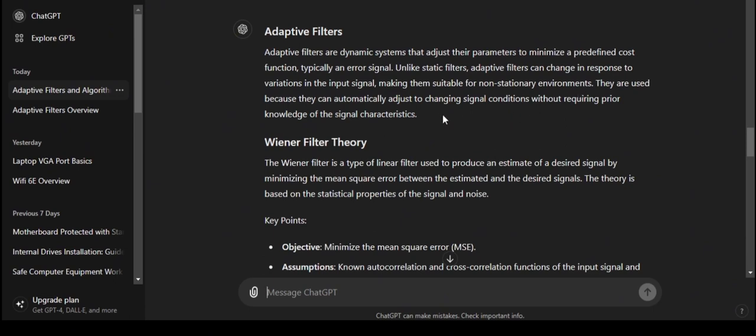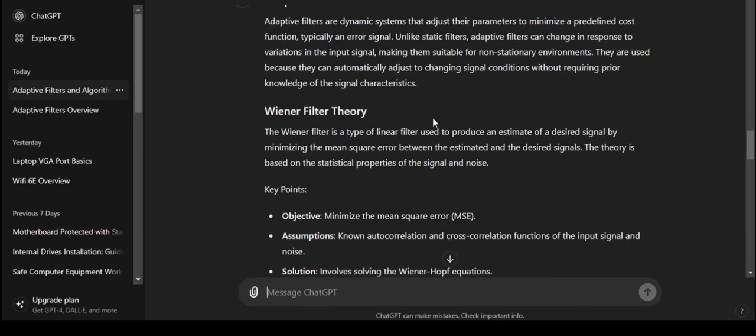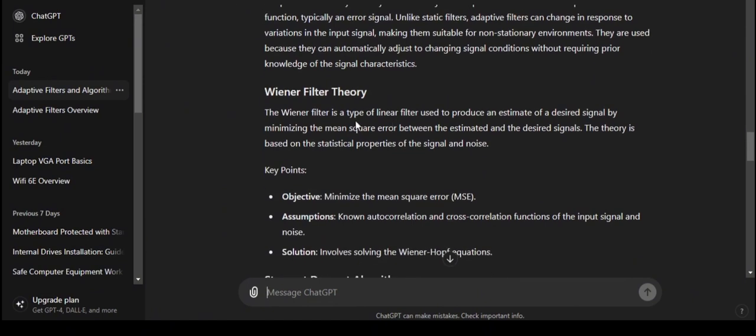Moving toward the next topic, that is linear filter theory. A linear filter is used to produce an estimate of a desired signal by minimizing the mean square error between the estimated and the desired signal. This theory is based on statistical properties of the signal and the noise.